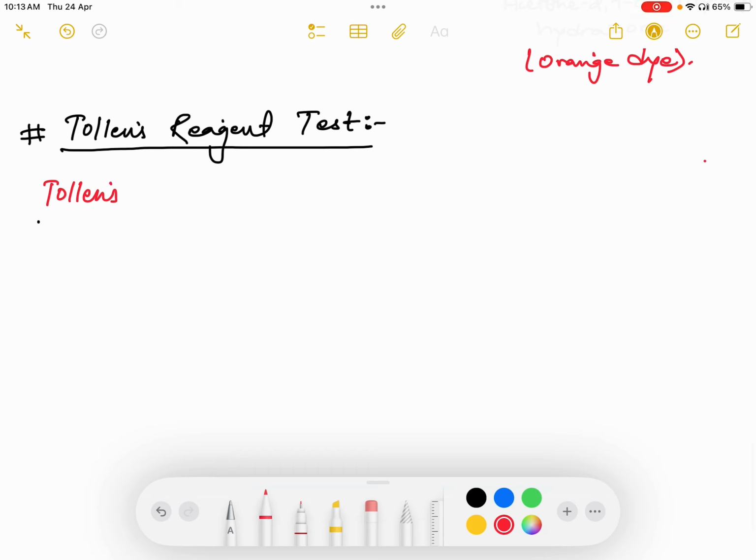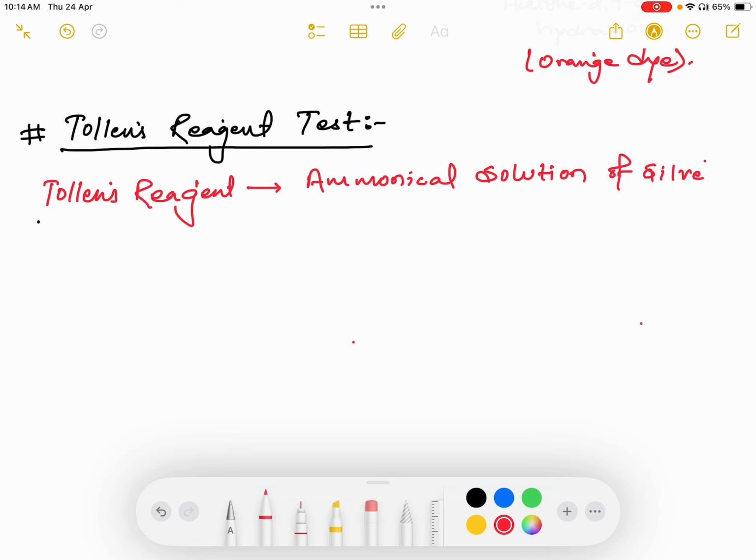Tollens reagent is an ammoniacal solution of silver nitrate.